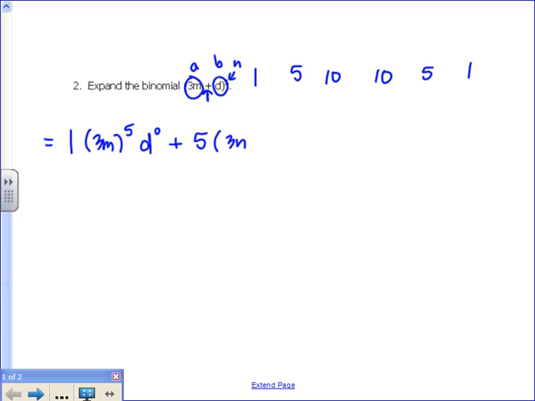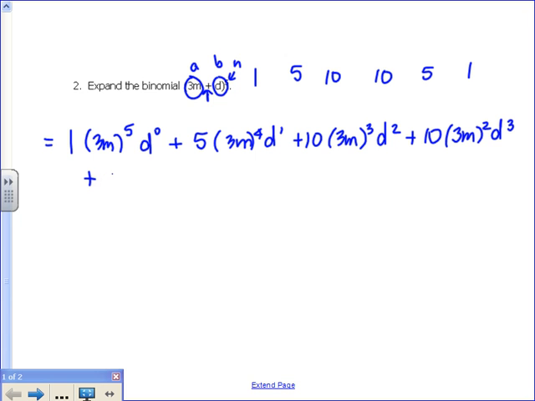5, I have 3m to the 4th, d to the 1st, plus 10, 3m to the 3rd, d to the 2nd, plus 10, 3m to the 2nd, d to the 3rd, plus 5, 3m to the 1st, d to the 4th, plus 1, 3m to the 0, d to the 5th.